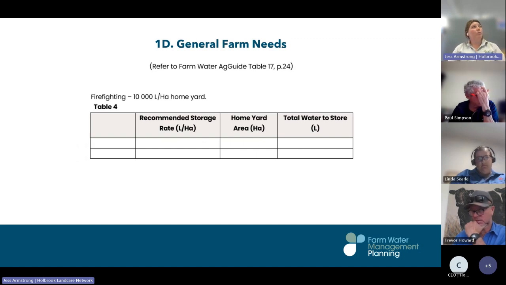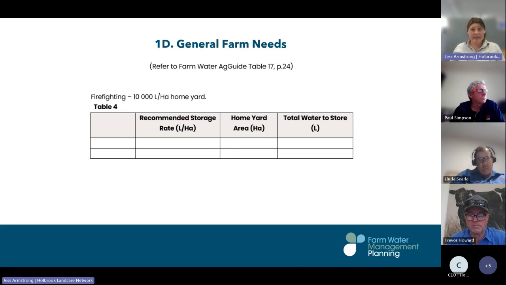So what we want to ensure is that people are considering what you might actually need to have on hand to safely get through a fire season. The New South Wales Fire Service recommends that at least 10,000 litres per hectare is available to defend your property.